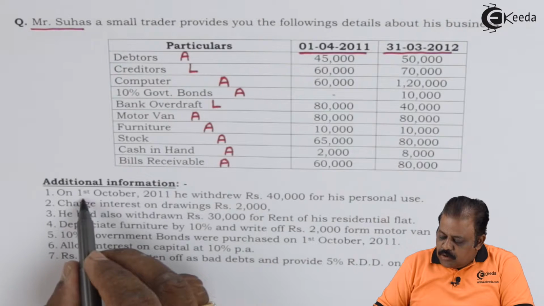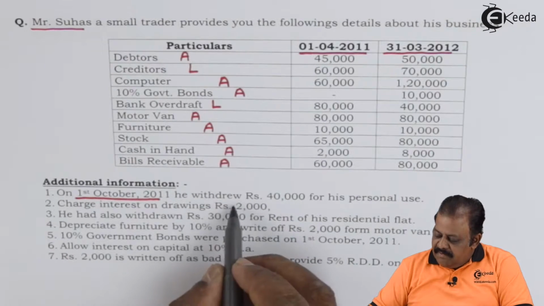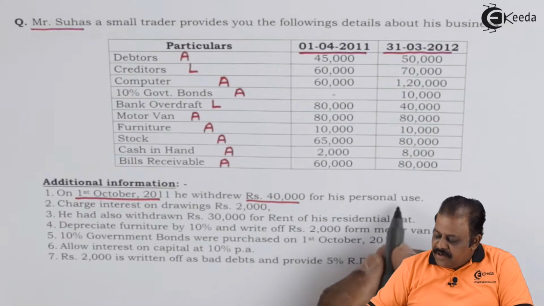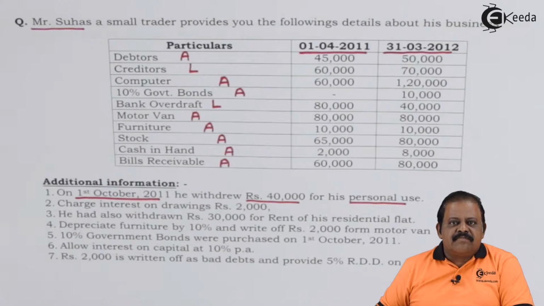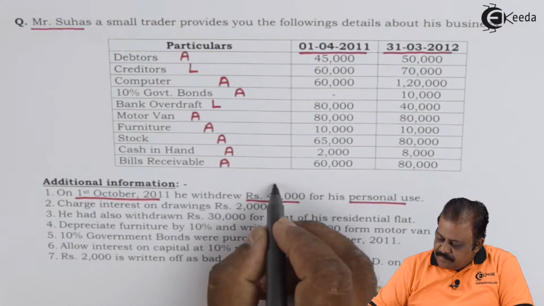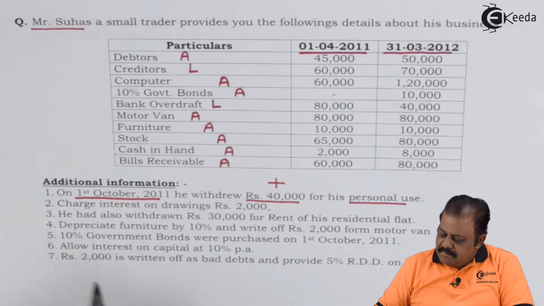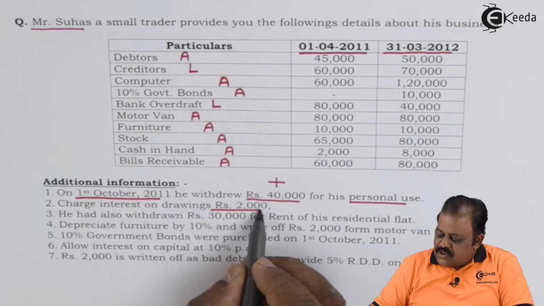On 1st October 2011, he withdrew 40,000 for personal use. This is information of drawings. This 40,000 will be added while preparing statement of net profit and loss. Next, charge interest on drawings rupees 2,000.